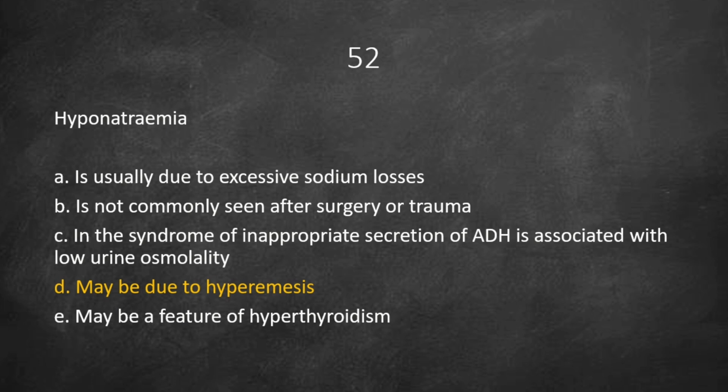Hyponatremia sometimes can be a feature of hyperthyroidism due to mechanisms such as increased HGH secretion or altered renal handling of sodium, but there's not enough evidence backing this particular experience, and so we'll stick with option D, which is maybe due to hyperemesis.